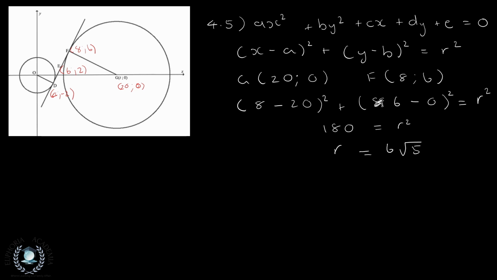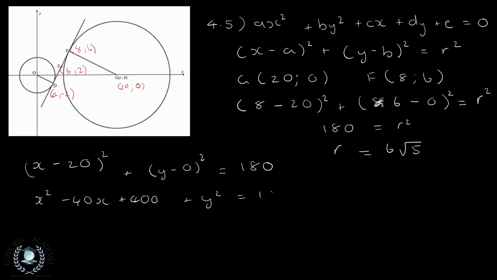Alright, so after finding what r squared is equal to, we can substitute the r squared into our formula, and we will find that our formula now for the larger circle is (x minus 20) squared plus (y minus 0) squared is equal to 180. After expanding, we will find that we have x squared minus 40x plus 400 plus y squared is equal to 180.